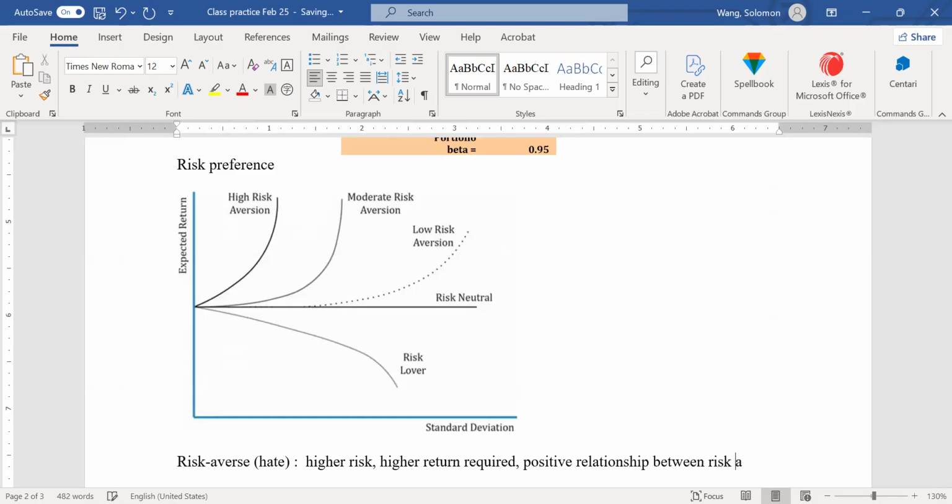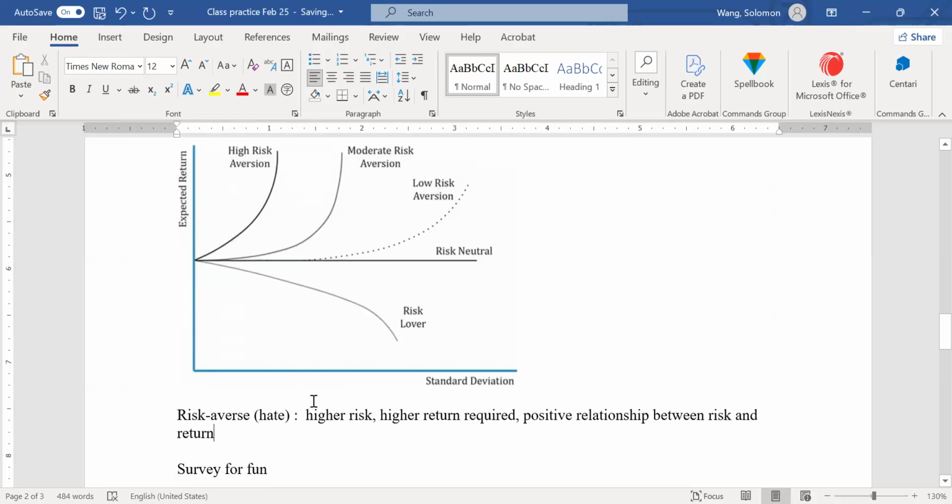And you will see the three curves here: high risk aversion, moderate risk aversion, and low risk aversion. So for high risk aversion people, that means if the X value, the risk, increased by a little, then they will require much more return. Okay, you see how steep this is? It's steeper than any of the other two curves.